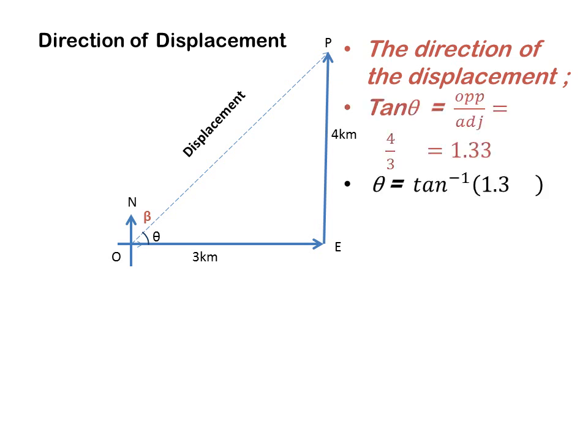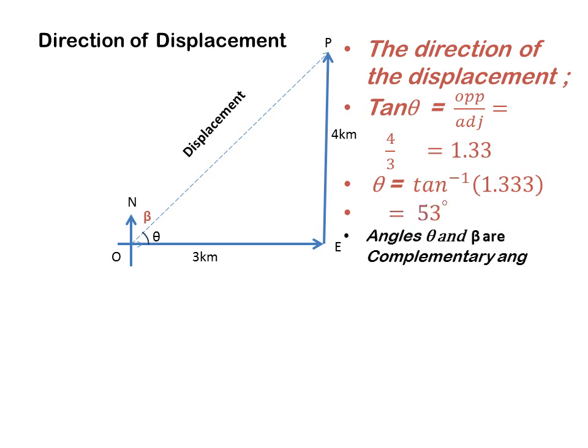So theta is equal to arctan of 1.333. That's what will give us theta. If you find the arctan of 1.333 in your table, that will be 53.12, which is approximately equal to 53 degrees.